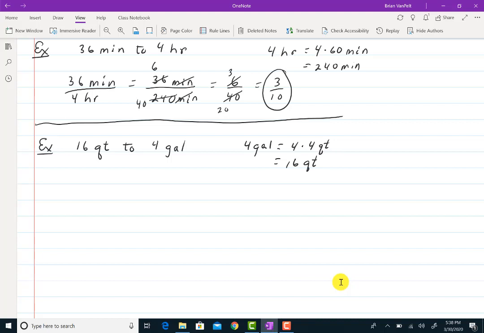Usually they don't write the S on here. I don't know why I did, but usually just QT is good enough. And so we're going to be doing 16 QT divided by, well, no. Oh yeah, that's 16 to 4 gallons. That'll be 16 QT divided by 16 QT, and everything cancels here, and you just get 1.